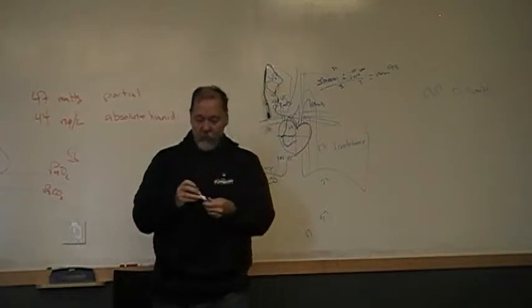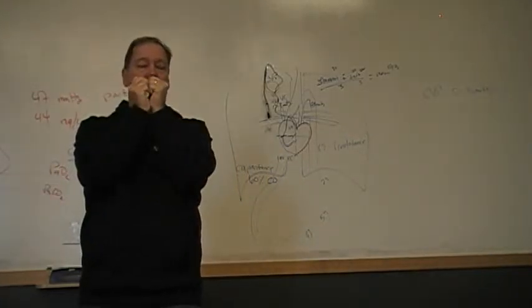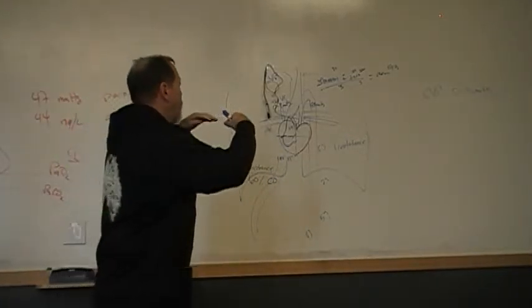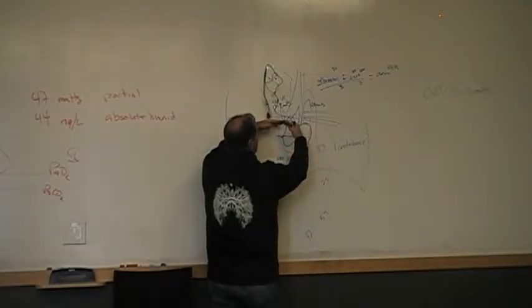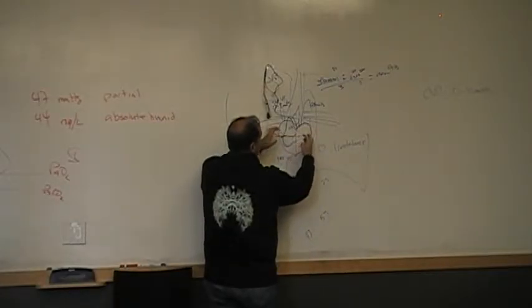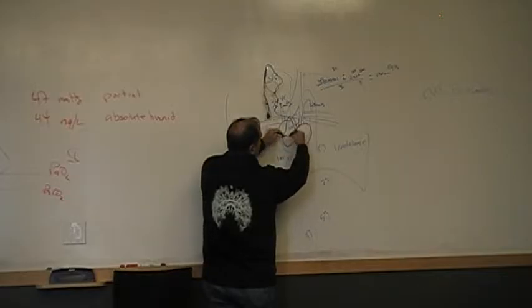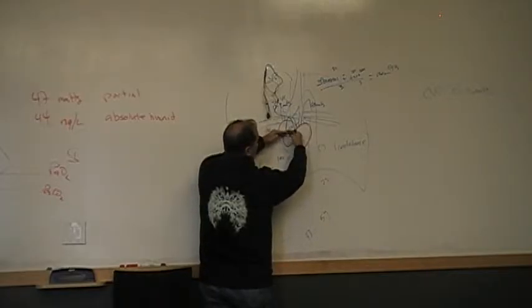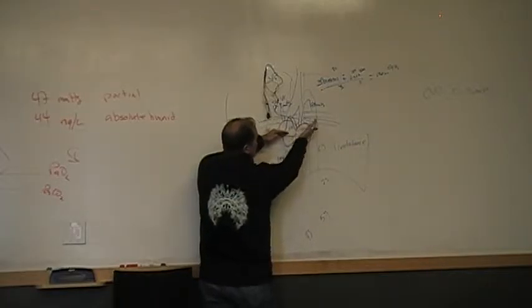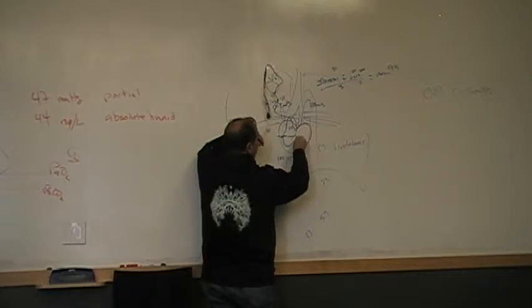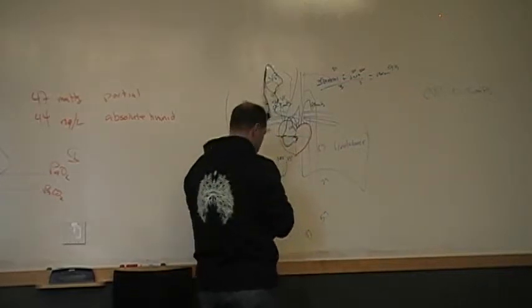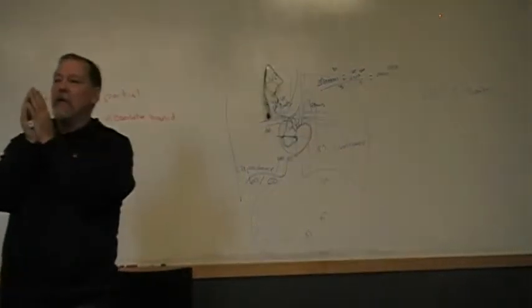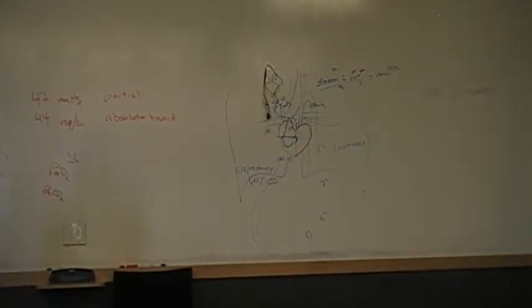What happens when the ventricle contracts? When the ventricle contracts, the tricuspid valve closes and it pushes blood through the pulmonic valve. Okay. So on systole, what's the pressure generated in the right ventricle?